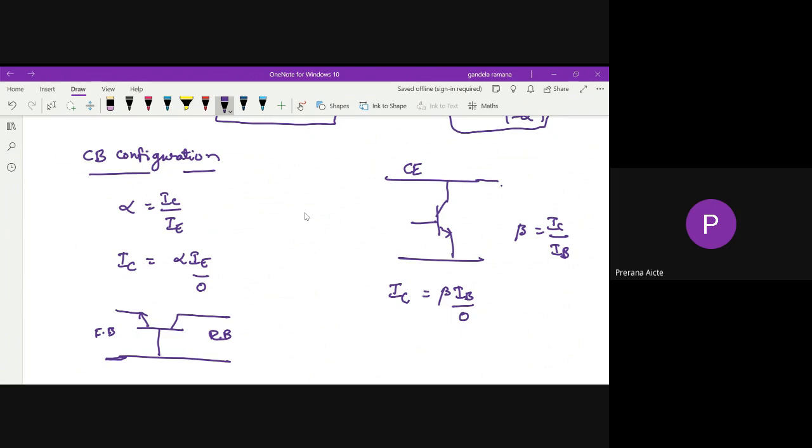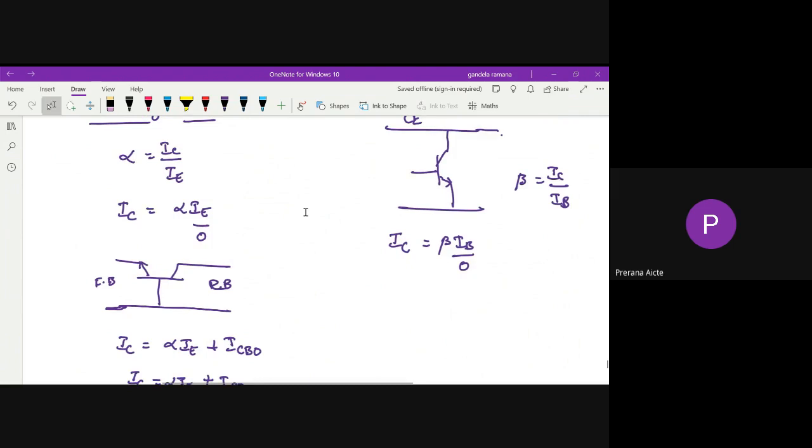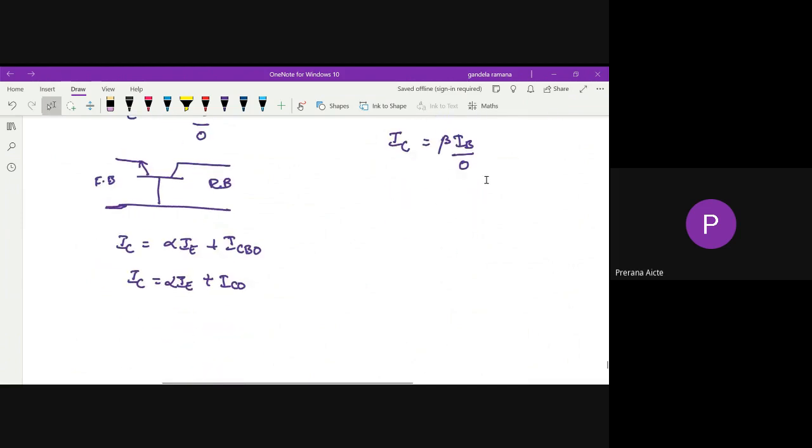No, not 0, because a reverse current is there, from collector to emitter. So we write IC is equal to beta IB plus ICEO. Collector to emitter with base open is called ICEO. So IC is equal to beta IB plus ICEO.